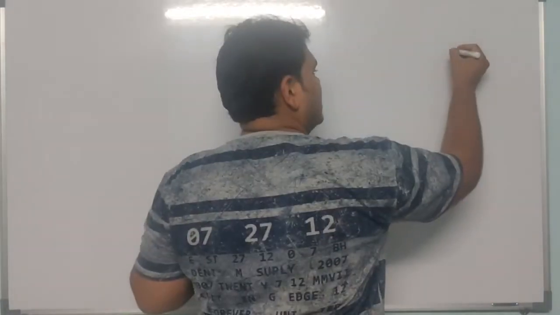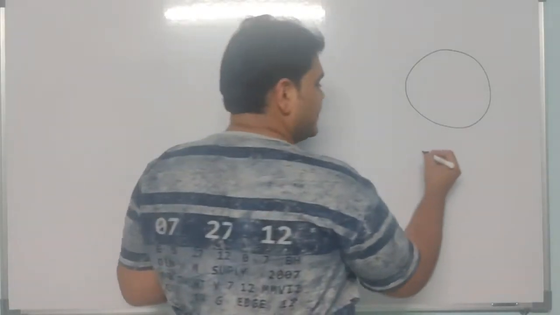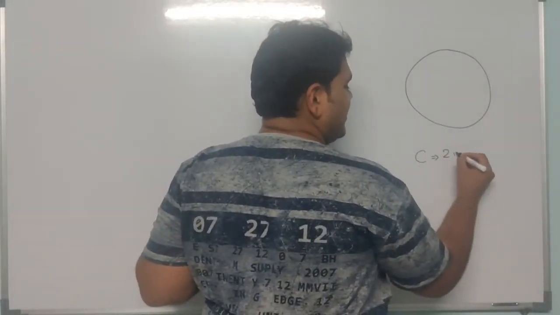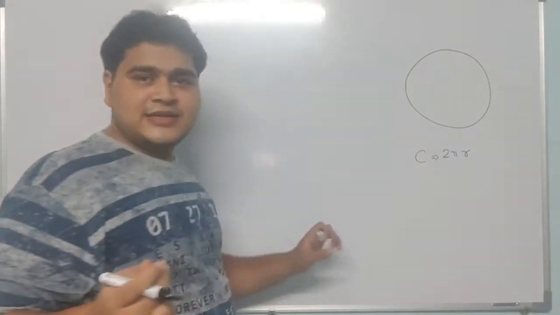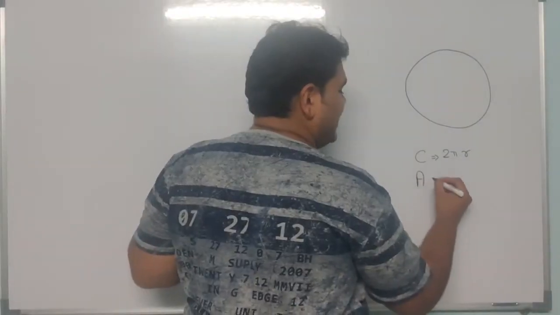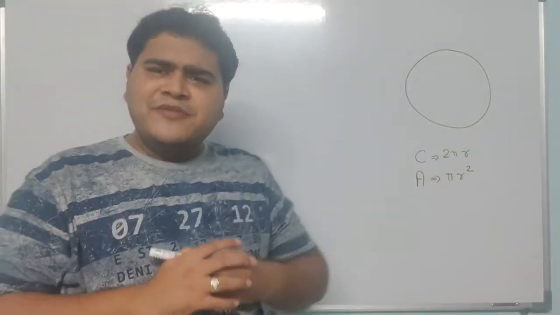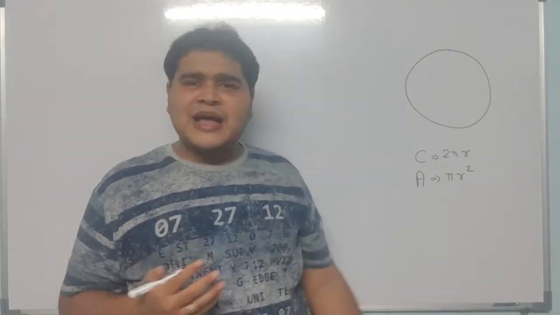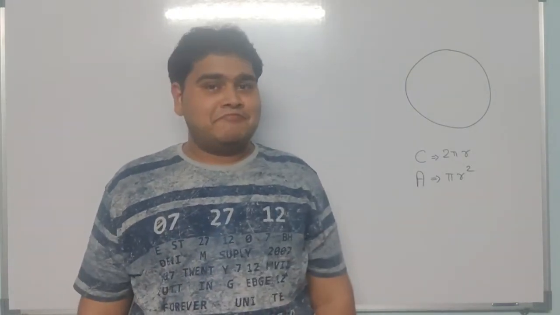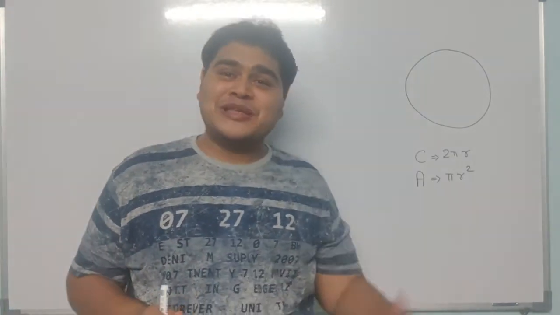I'm sure you know that for a circle, the circumference is 2 pi r, and the area of the circle is pi r square. But does anyone have any idea how this formula has been made? No, right? Many of you might not know how this formula actually came up.